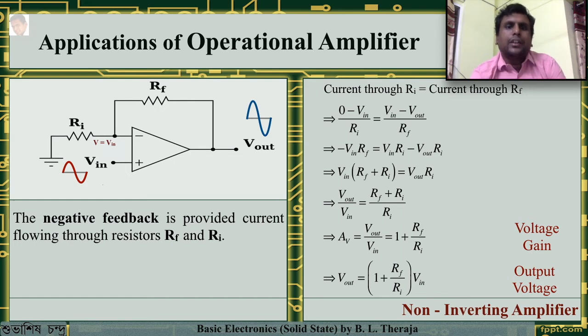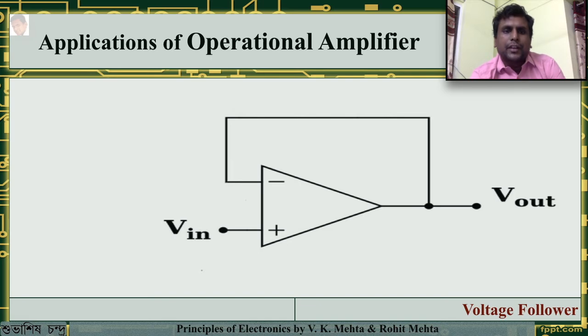One very interesting use of the non-inverting amplifier is the voltage follower. In case of a voltage follower, the entire feedback circuit has been removed and the output is directly fed to the inverting input. The non-inverting input is used for providing the voltage.